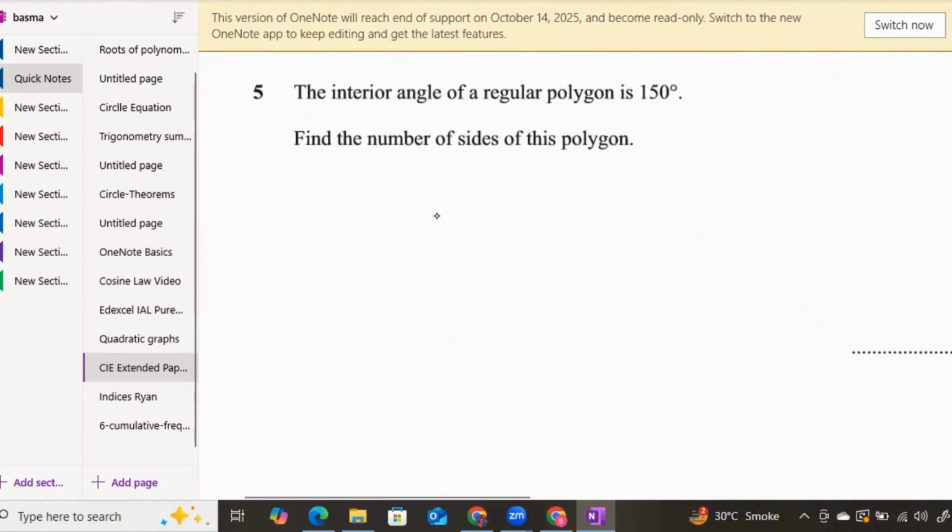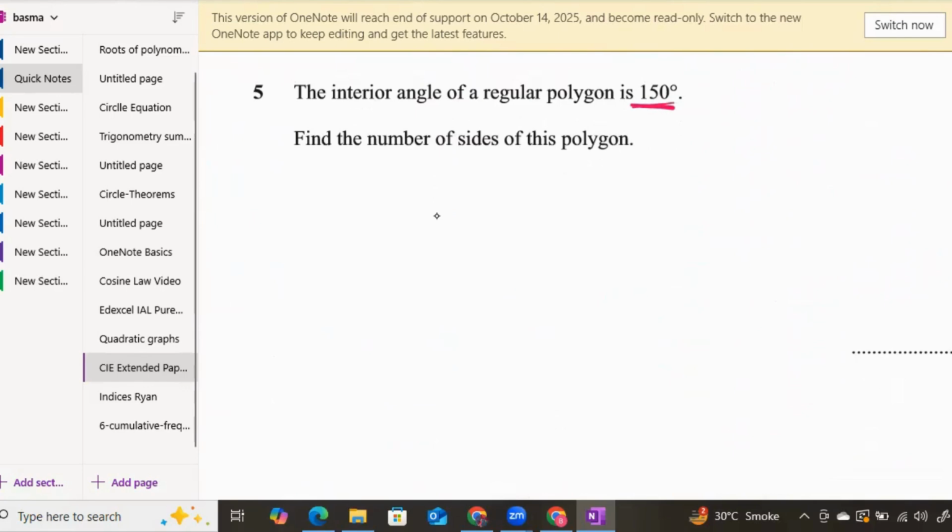Question number 5. The interior angle of a regular polygon is 150. Find the number of sides of this polygon. Okay, we have a polygon. We don't know how many sides it has, but we know one interior angle is given, which is 150. Let me tell you the formula.